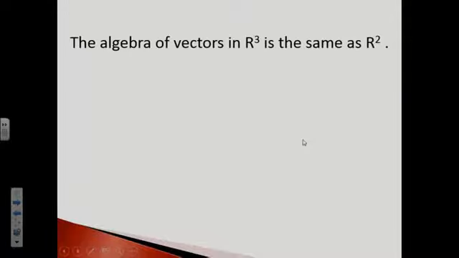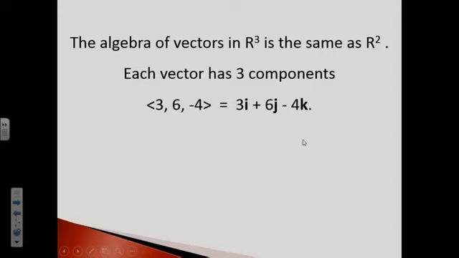The algebra of vectors in R3 is the same as in R2. In R3, each vector has three components. For example, a vector with three components, 3, 6, and minus 4 respectively, may be expressed as the sum 3i plus 6j minus 4k.